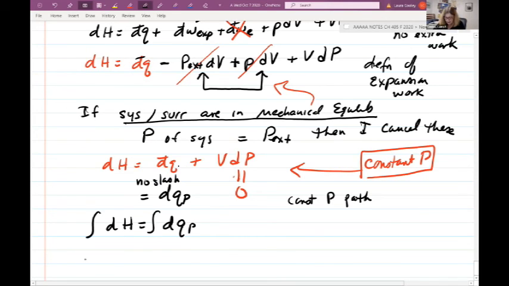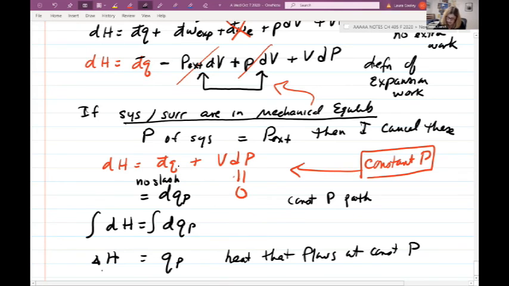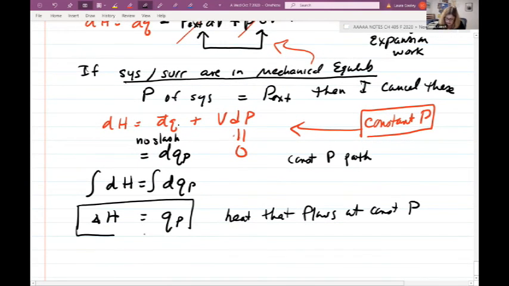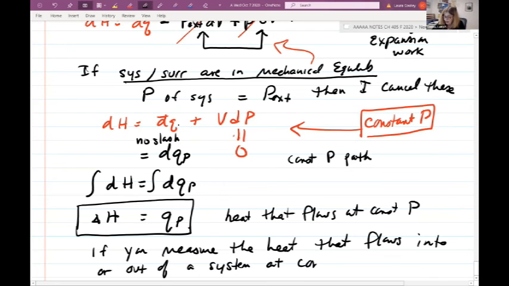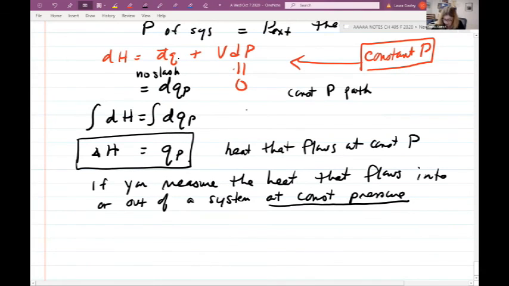And I love integrating things like that, because this just comes out to the heat that flows at constant pressure, and this is just delta H. So we have this really nice equation, which says that if you measure the heat that flows into or out of a system that's held at a constant pressure, you have just measured the change in enthalpy.